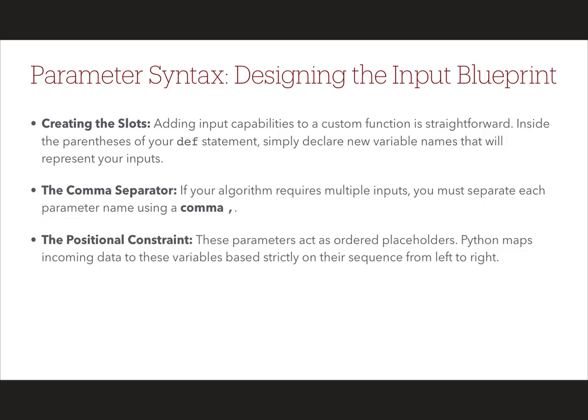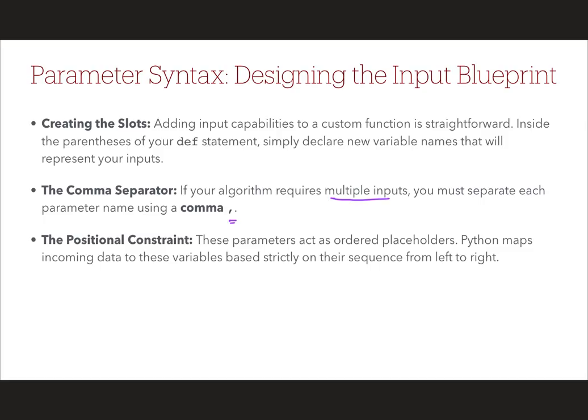So adding capabilities to a custom function is straightforward. Inside the parentheses of your definition statement, simply declare new variable names that will represent your inputs. And if you have multiple inputs, you need to separate them by commas.